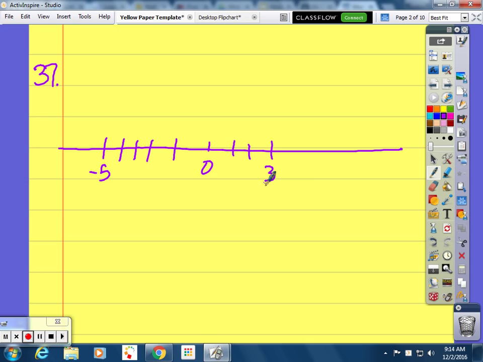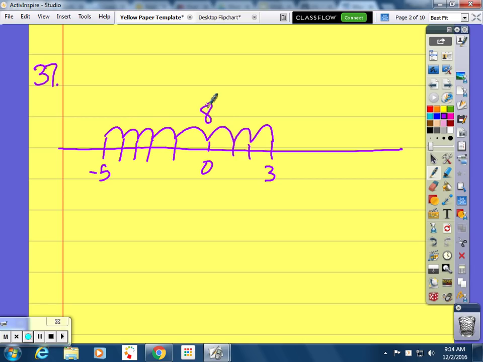How far is 3 from -5? 1, 2, 3, 4, 5, 6, 7, 8. So it's 8 away. So it wants to know which number is also 8 away from -5.